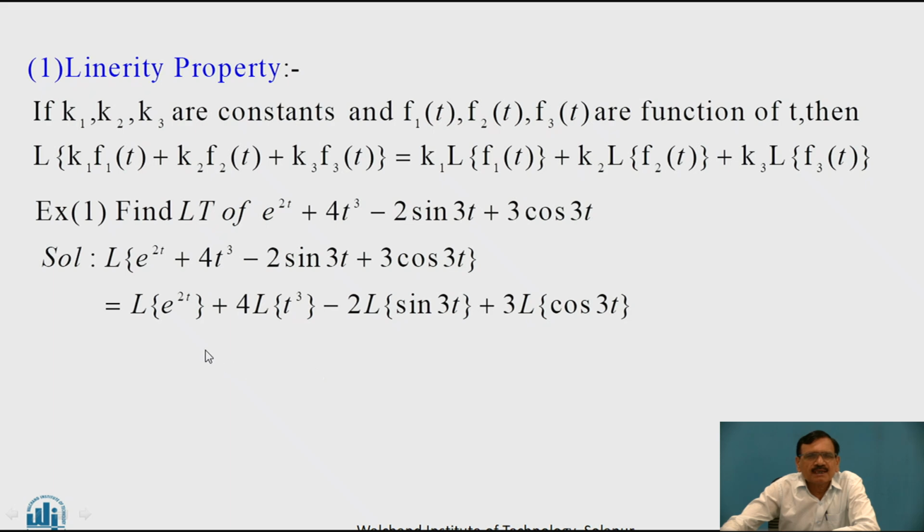We have already seen the Laplace transform of e raised to at, Laplace transform of t raised to n, Laplace transform of sin at and Laplace transform of cos at.